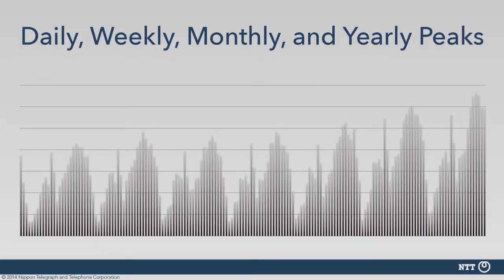This graph shows a typical system load for a week. You have daily peaks and also weekly peaks in this graph. Of course, the actual load depends on your system. However, you probably also have monthly and yearly peaks.